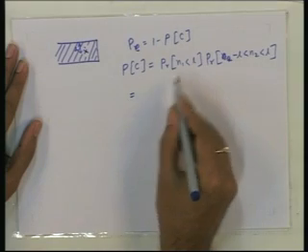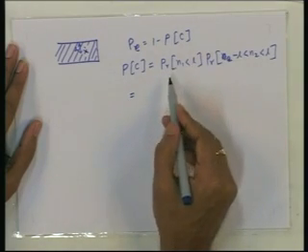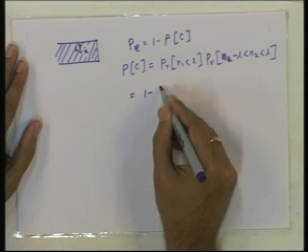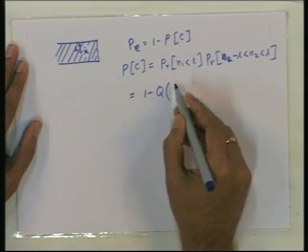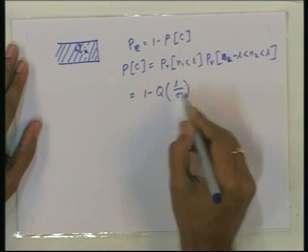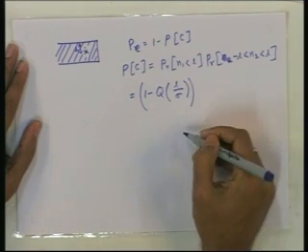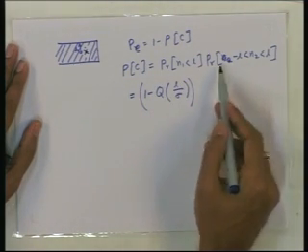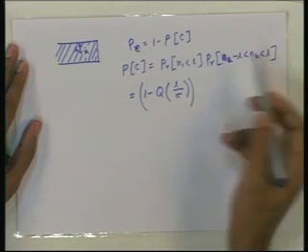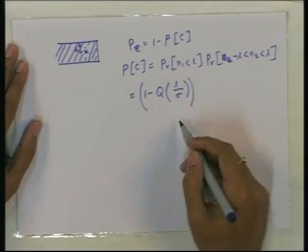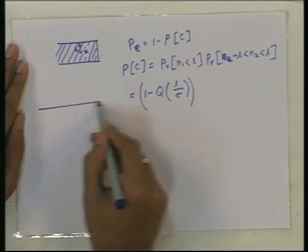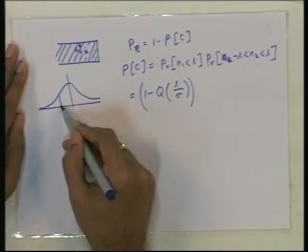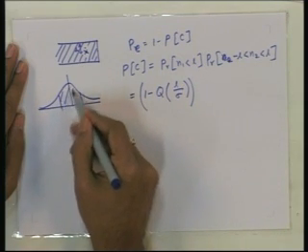Probability of N1 less than L is 1 minus probability of N1 greater than L, and that is 1 minus Q of L by sigma. And remember, we have already computed probability of this type in one of the slides. This is basically the area of this type, the probability of N2 being in this range.